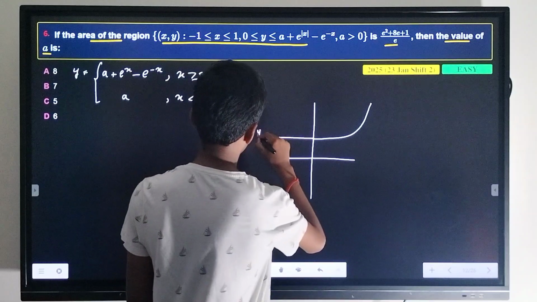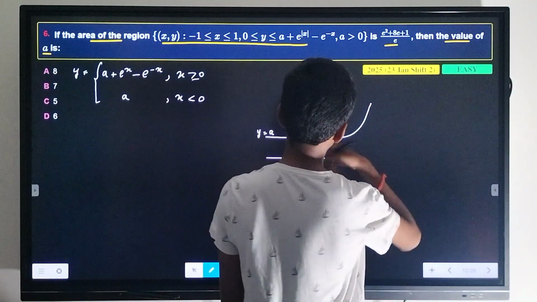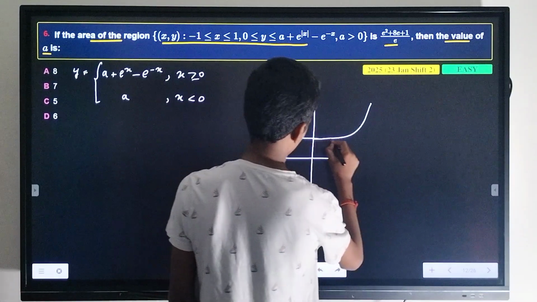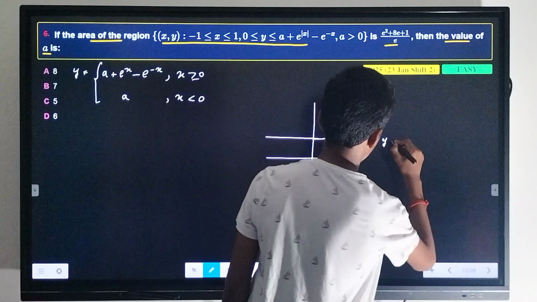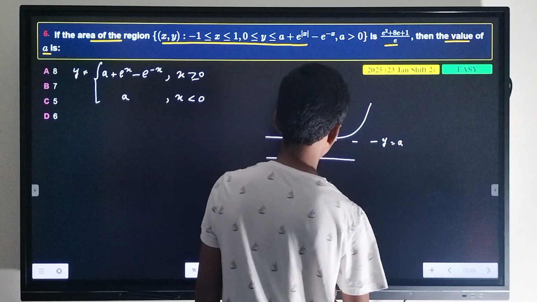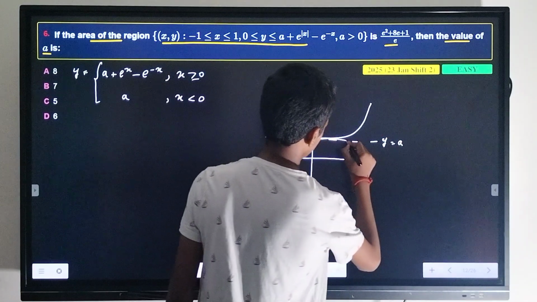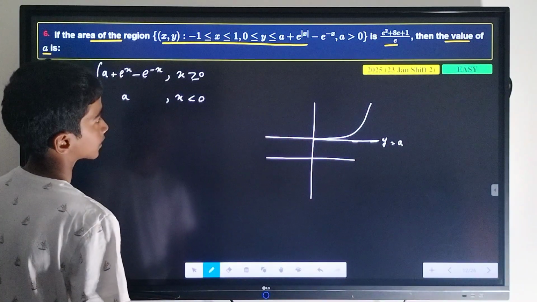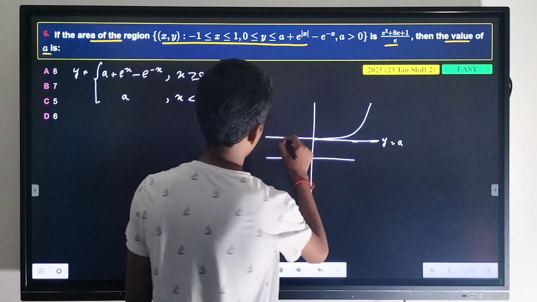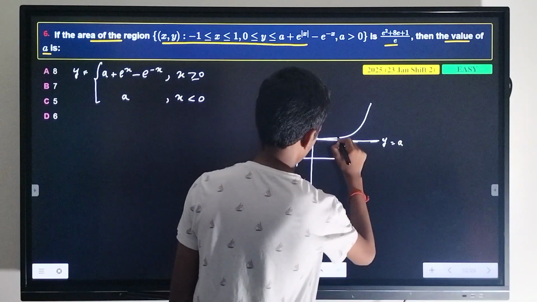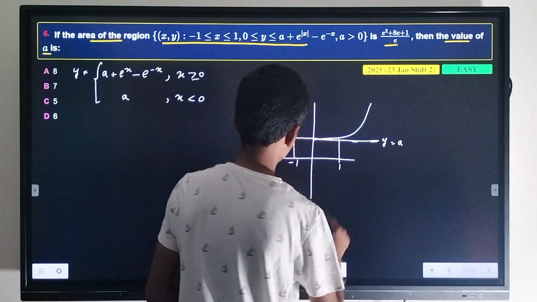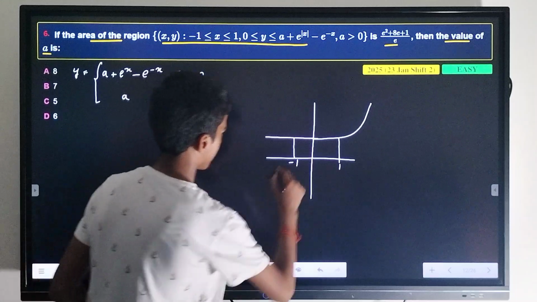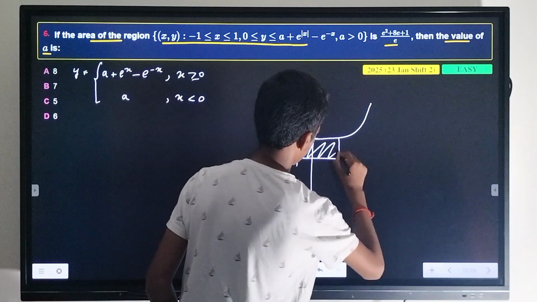For this point, this is y is equal to A, and at this point, or wait a minute, this whole line extended is y is equal to A. Now we need to find the region from minus 1 to 1. Please do not consider this line, so let me remove it. So we need to find the area of this region.